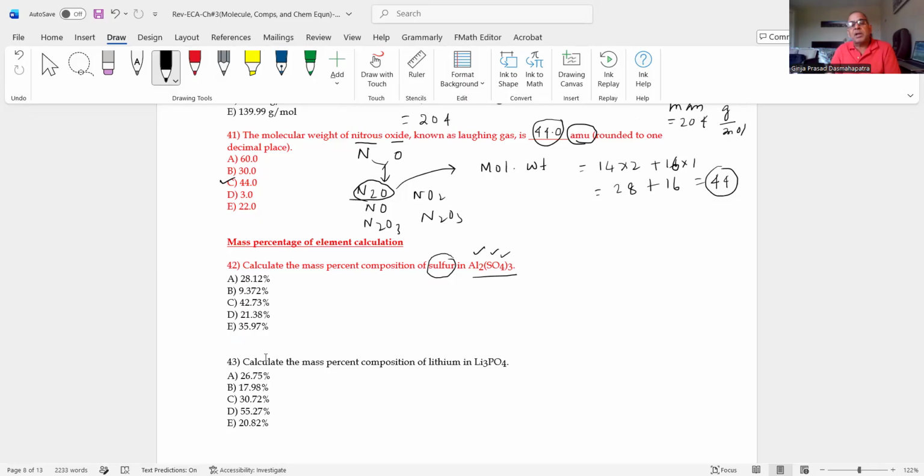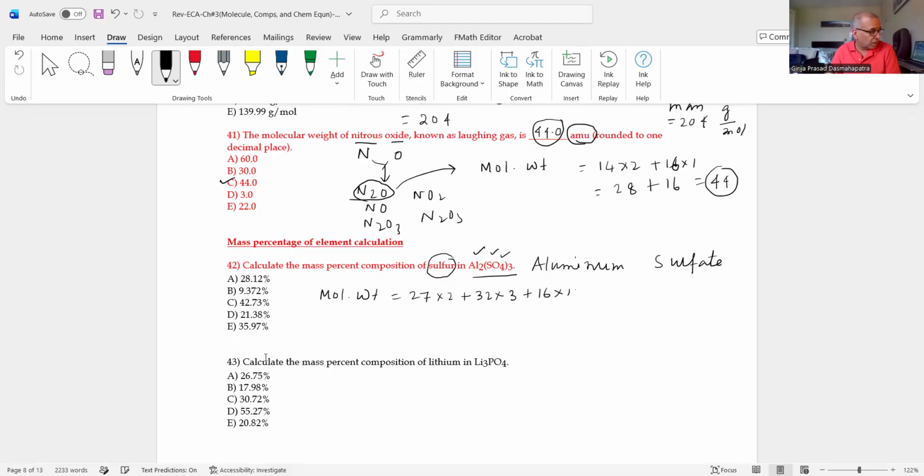Again, it is an ionic compound between aluminum and the polyatomic sulfate. So in this aluminum sulfate, what is the contribution of sulfur? What we will do is find out the molecular weight. So it will be aluminum 27 into 2, sulfur 32 atomic weight multiplied by 3, oxygen 4 into 3, 12.